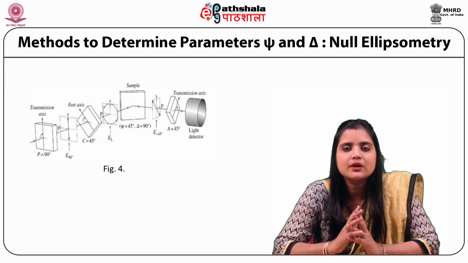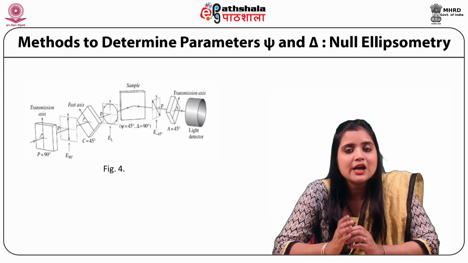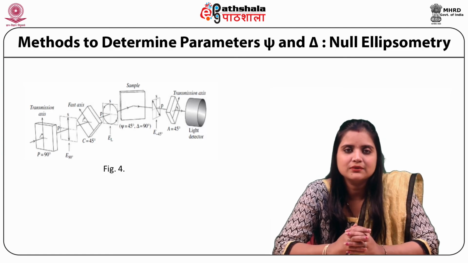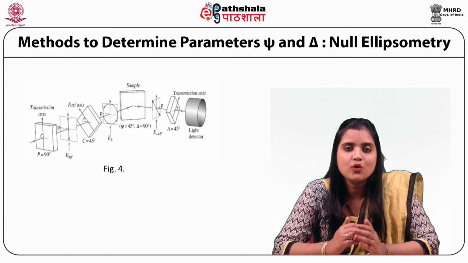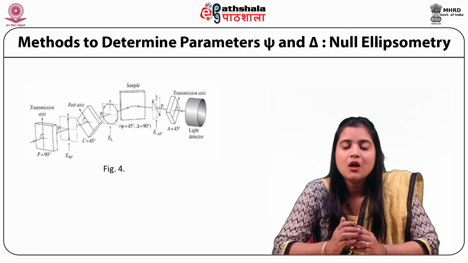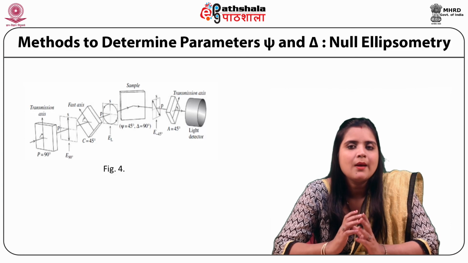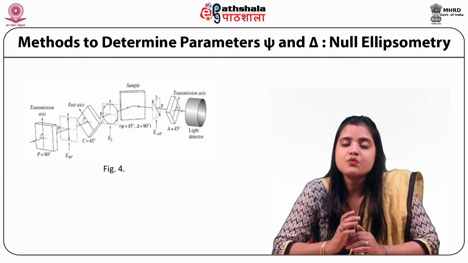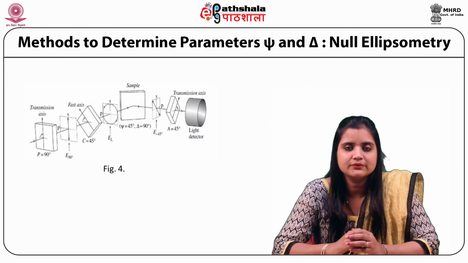After passing through the compensator, the light becomes elliptically polarized and then passes through the sample. For some polarizer angle, the elliptical polarization produced by a sample can be compensated by the quarter wave plate, giving linearly polarized light after passing through the sample.